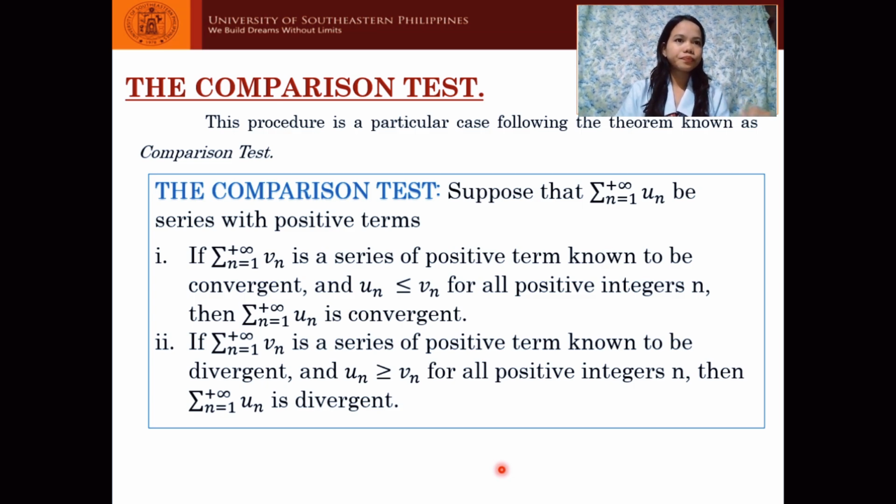The comparison test tells us that suppose we have the summation of u sub n from 1 to positive infinity, a series of positive terms.